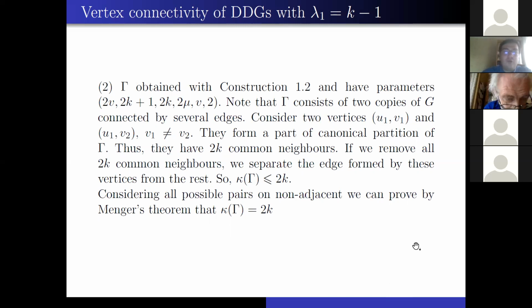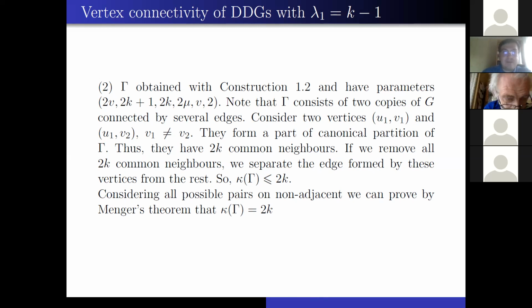If we remove all 2k common neighbors, we separate the co-H formed by these vertices from the rest. So vertex connectivity of this graph is less or equal to k. Considering all possible pairs of non-adjacent vertices, we can prove by Menger's theorem that the vertex connectivity is exactly equal to k.